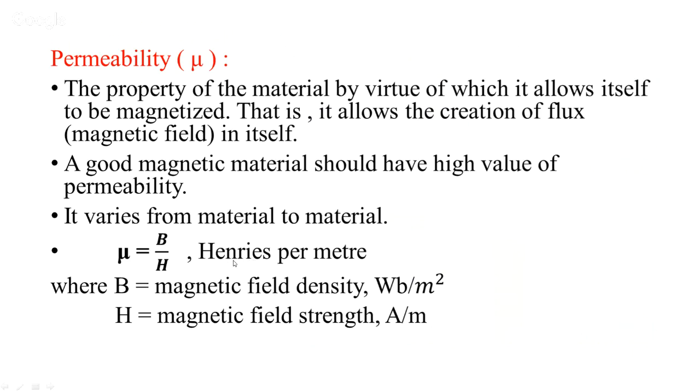And mu is given by B by H. It is expressed in henries per meter, where B is the magnetic flux density expressed in Weber per meter squared, and H is the magnetic field strength, which is expressed in amperes per meter.